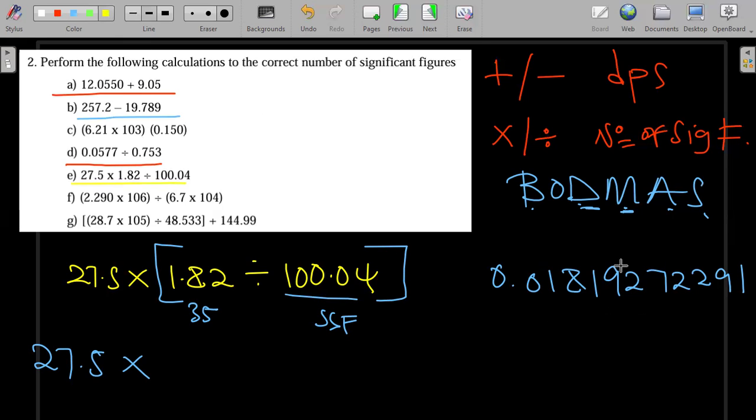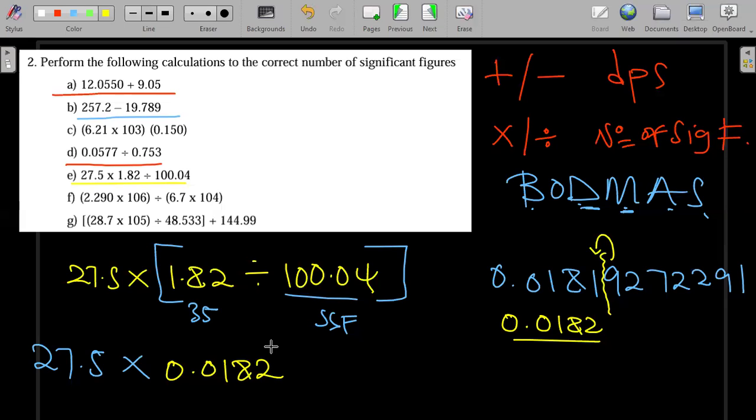Okay, so I'll round it off somewhere here, rounding off this 9. So the answer that I'll get will be 0.0182. So this one has 3 significant figures. So it's the one that I'll write here, 0.0182. I hope you're confirming with your calculators as well. Okay, so that's the answer we get from there.